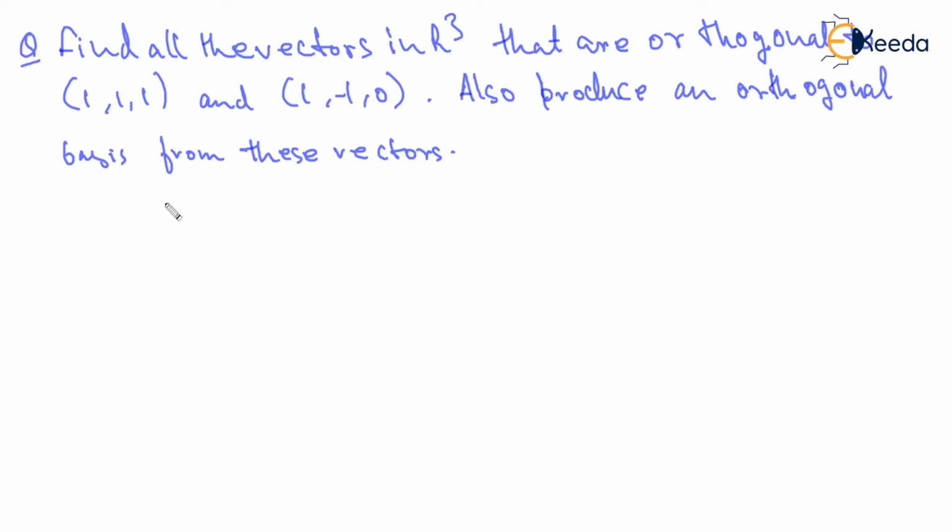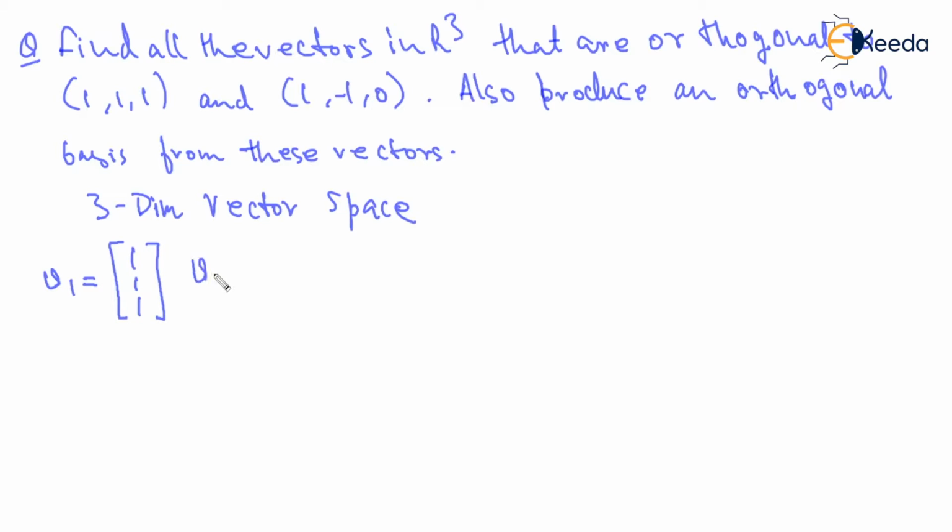So let's see, R3 means this is a three-dimensional vector space, so each vector has three components. Let's say V1 is (1, 1, 1), V2 is (1, -1, 0).